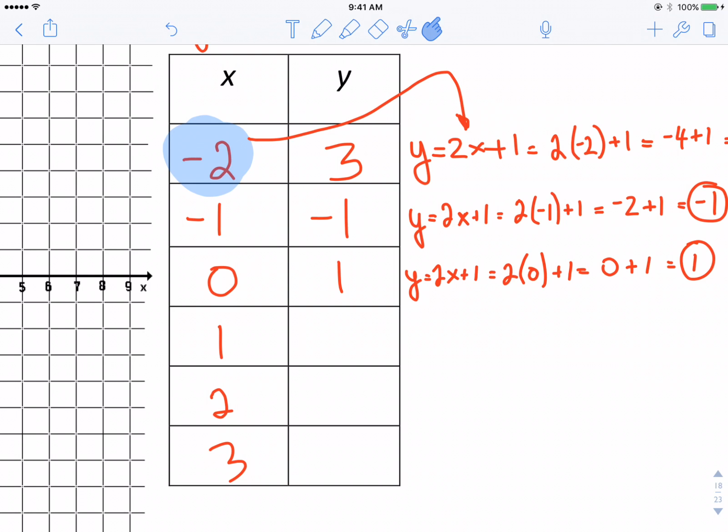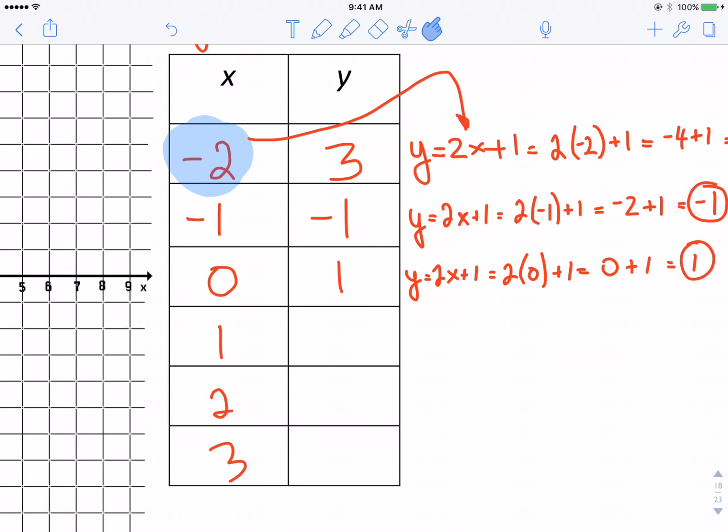Now, showing all these steps and all this work for a simple equation like this, yes, a little bit monotonous and tedious, but you need to get into the habit of doing this process so that you know what to do when you come across a more complicated equation to deal with. Okay.